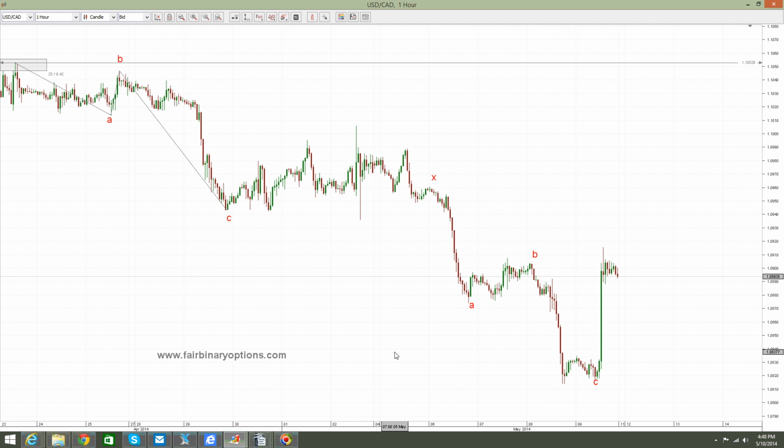And if you try to look at the targets to the upside, I would say that highs are going to come as well, as from my point of view, this only ended an X wave or a corrective wave of a bigger degree, and now we should see a 5-wave structure to the upside that should take previous highs. Now for the US dollar Canadian dollar to take previous highs, it means that the Canadian dollar is going to suffer some consequences.